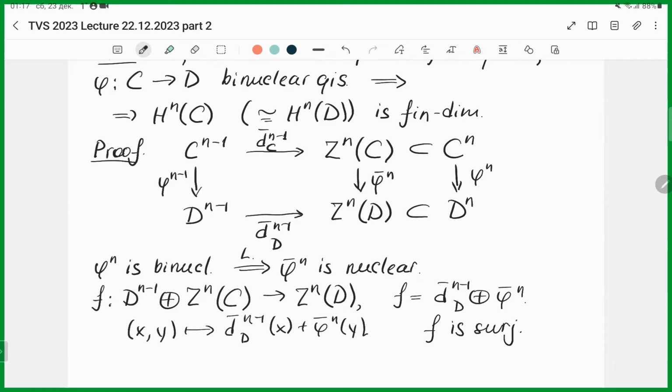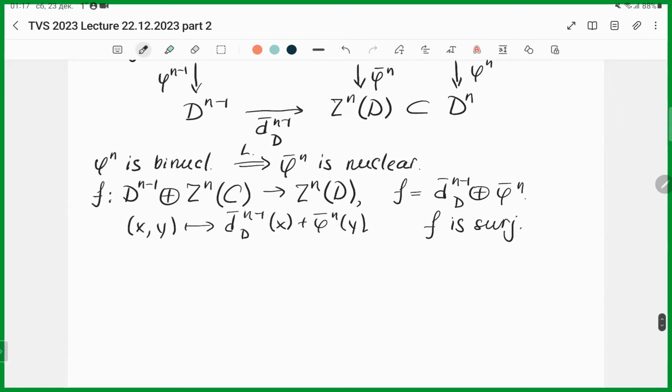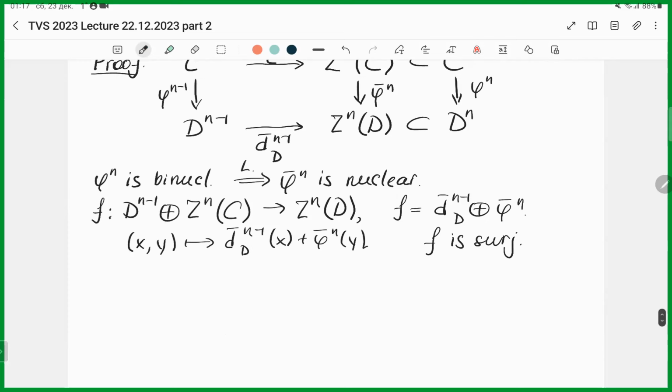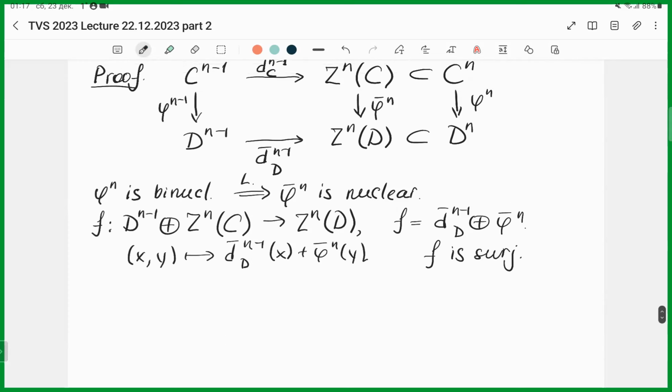That is, once again, every n cocycle here comes from an n cocycle here, modulo a coboundary which comes from here. So this means exactly that F is surjective. So we are almost in the setting of our version of the Schwarz theorem. F is a surjective map between Fréchet spaces. This is a Fréchet space, this is also a Fréchet space, and F is a surjective map.